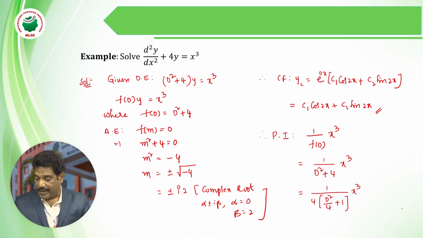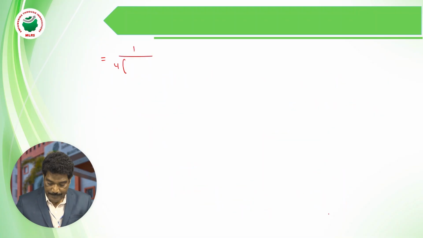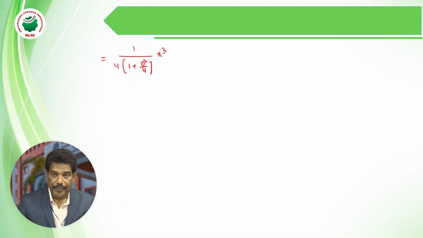But in the denominator, we must write in the form of 1 plus or minus something. So here you can rewrite the denominator. In the next page, that equals 1 by 4 into 1 plus D square by 4, into x cube.